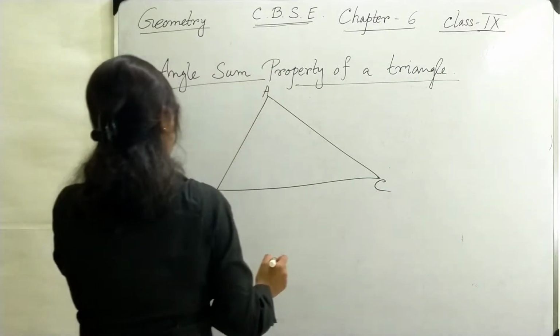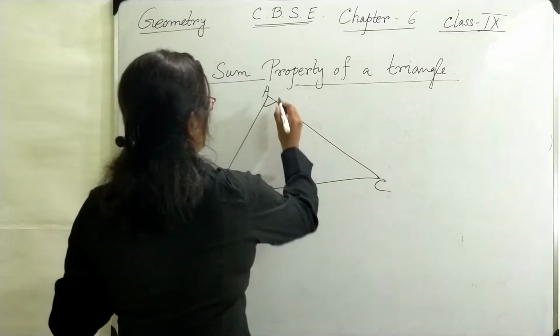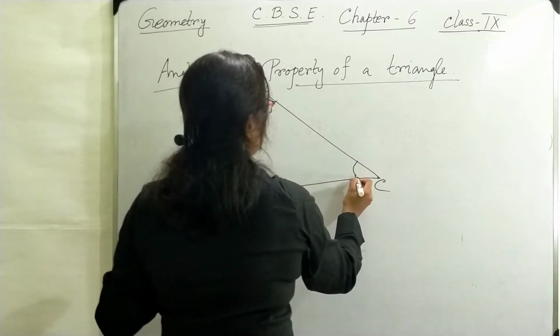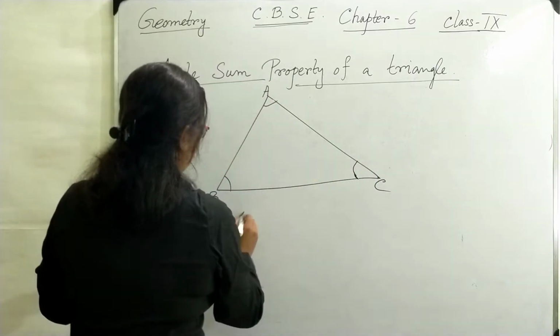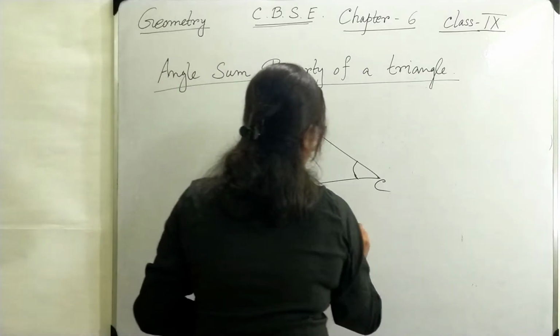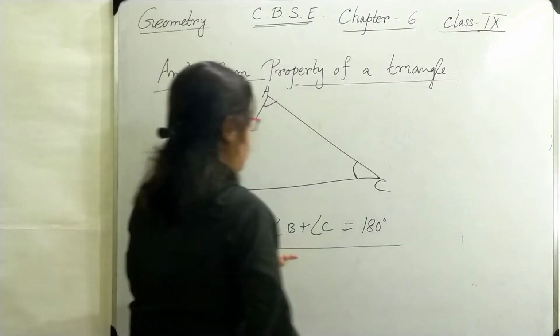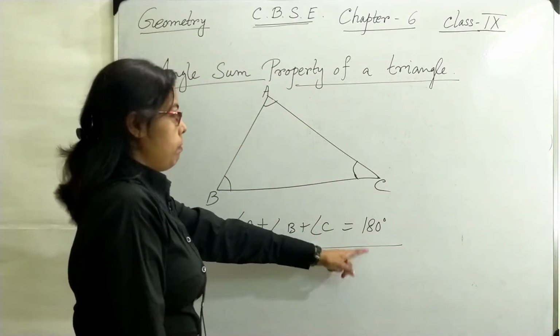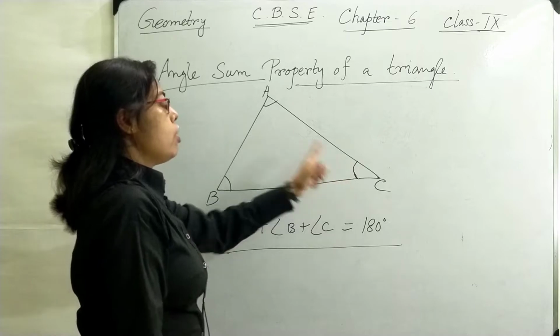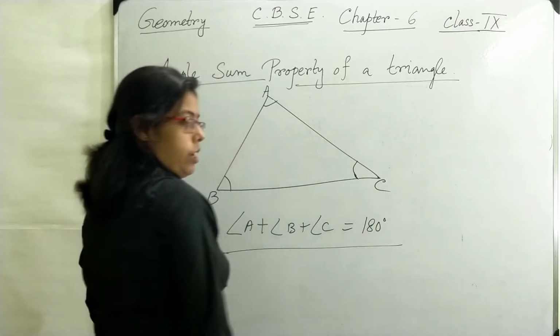ABC, this is a triangle. AB, BC, CA are the sides, and these are the angles. Now, these 3 angles, angle A plus angle B plus angle C, when you sum them, will give you 180 degrees. The sum of the 3 angles of any triangle will be equal to 180 degrees.